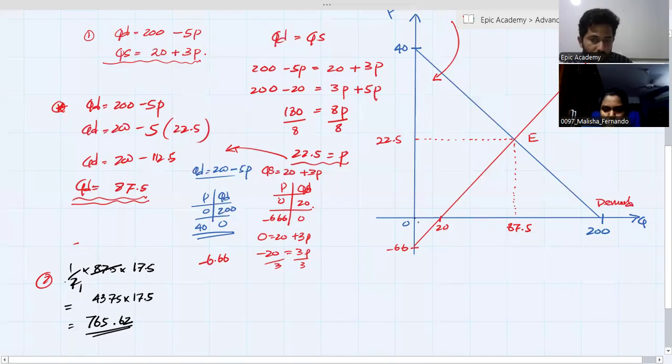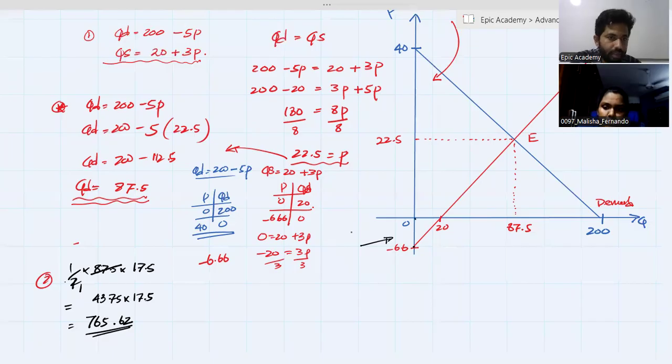But here, you can identify when the quantity equals 0, I mean, when there is no supply, quantity equals 0 and the supply price becomes a minus value. So in a practical situation, there is no transaction for minus prices, isn't it?